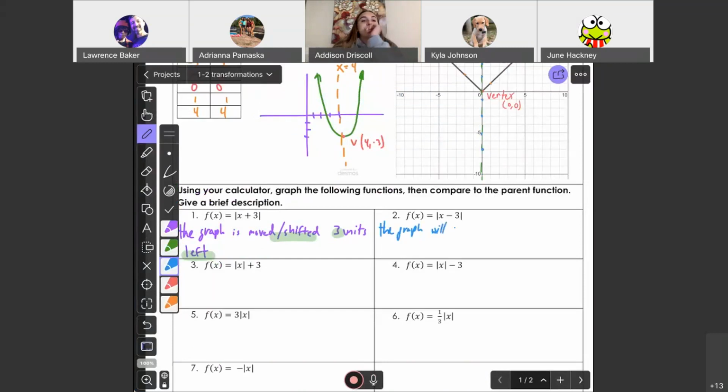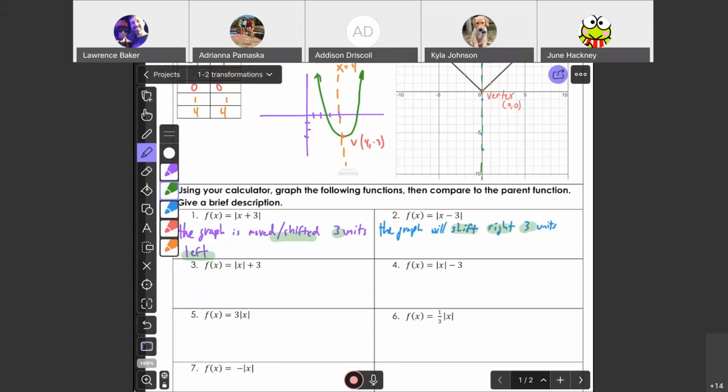So I could say will shift left 3 units or right 3 units, I guess. And you notice I changed the order of the sentence a little bit. But again, I'm hitting those 3 big things: what's the verb, what's the direction, and what's the distance. Those things need to be a part of your statement, your description.